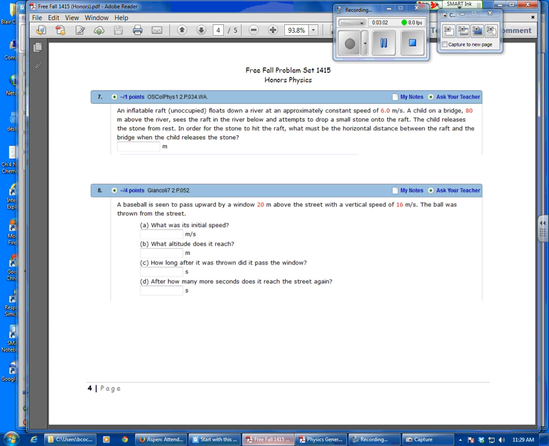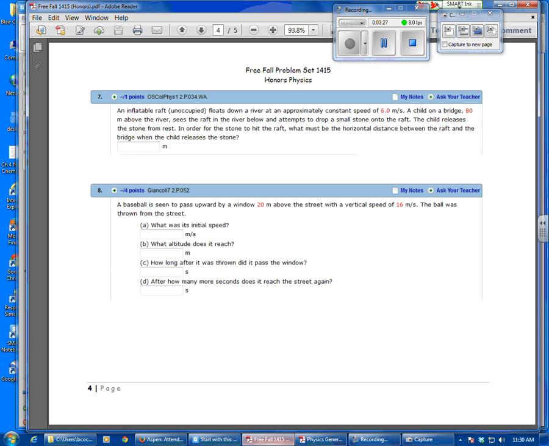How fast is it going to be moving up when it gets to the top? 0. So if I get an altitude for B less than 20 meters, I better check my math again. And how long after it passes the window does it reach the street again? I think these are the main understandings to have here.